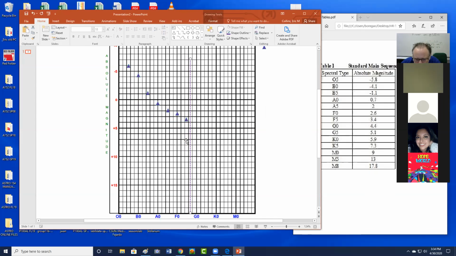G0. And 4.4. G5. 5.1. Just a little bit under there.